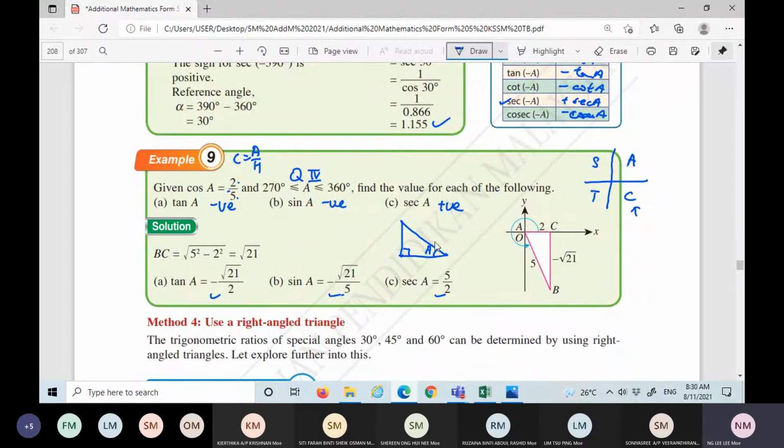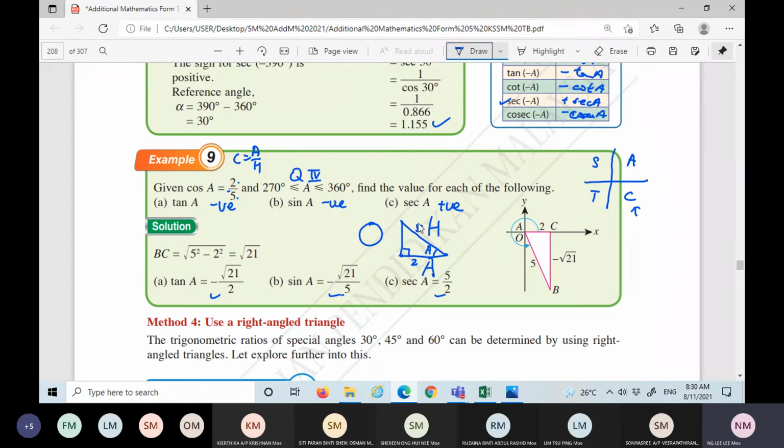If your A is here, this is the opposite side, this is the hypotenuse and this is the adjacent. So adjacent here is 2, hypotenuse here is 5. I need to find the opposite.